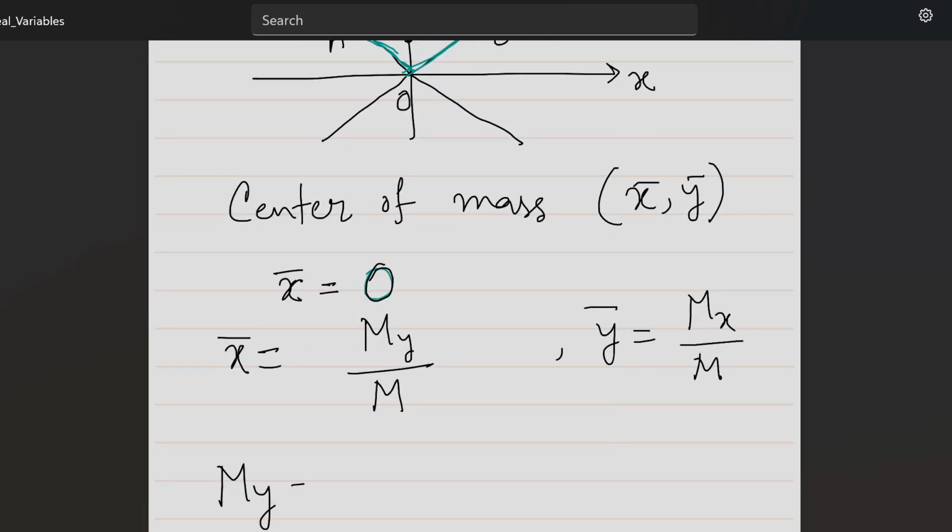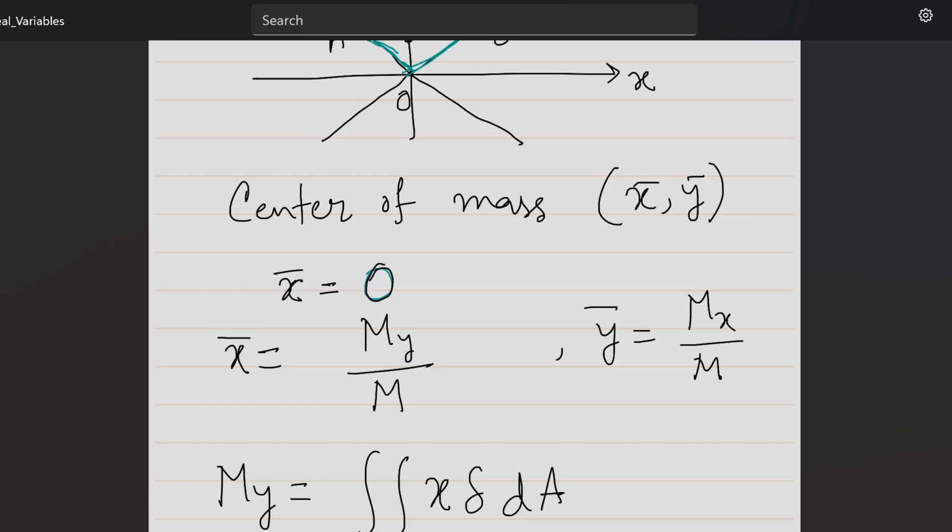So My means the summation; in this case it is integration because it is a continuous case. Summation is for the discrete level. So My is the double integral of x delta dA, where dA is the small region. What is delta? Delta is the density function.